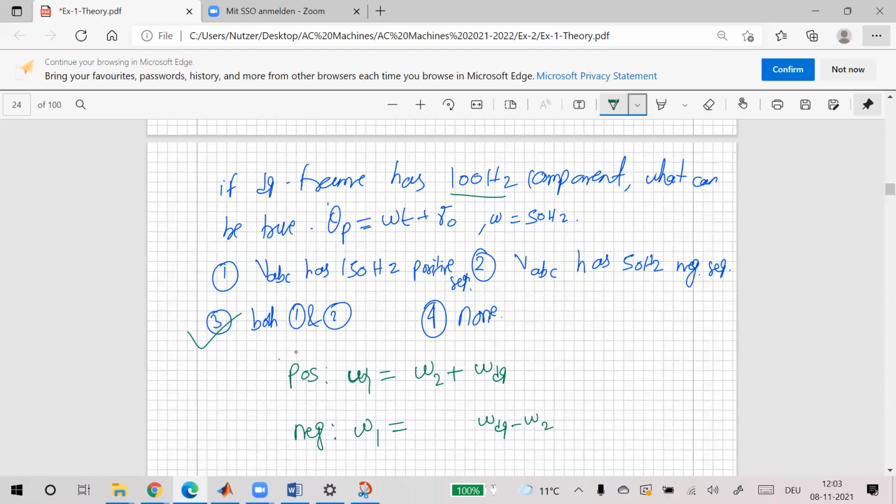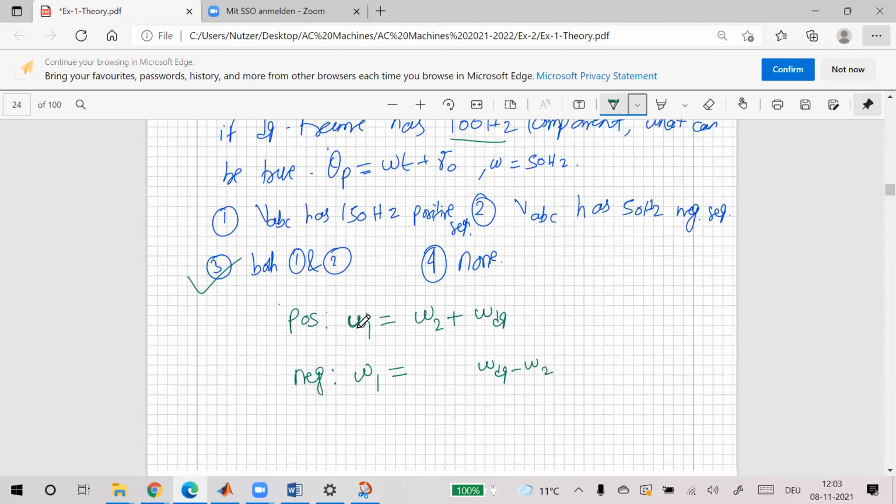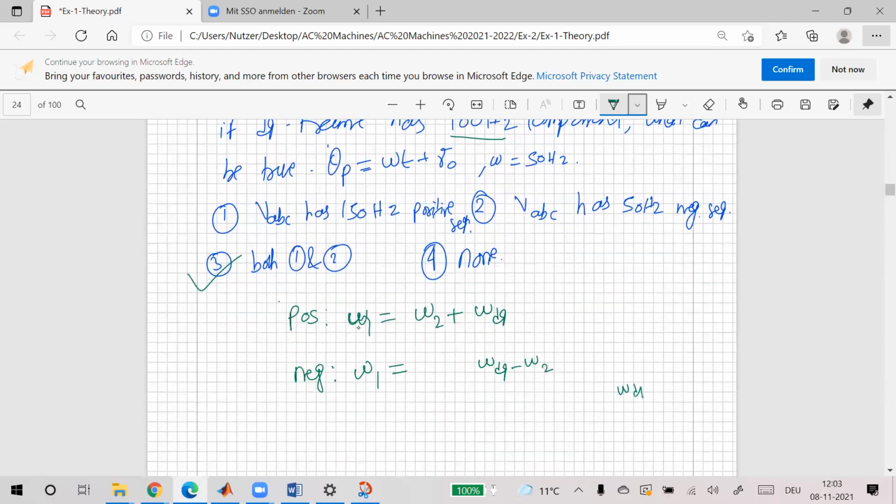In case of negative sequence, omega DQ is equal to omega 1 plus omega 2. So if omega 1 is like minus 50 Hertz.